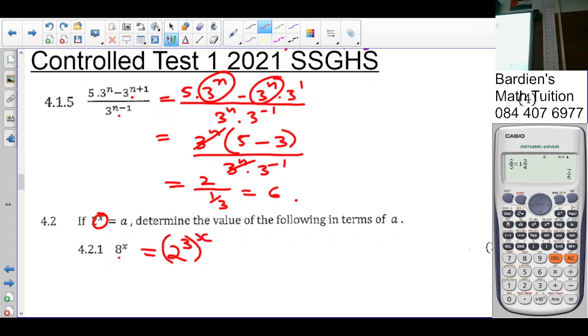So that's going to be 2 to the 3x. Or it could be written as 2 to the x, cubed. Why? Because 2 to the x, all cubed, is also equal to 2 to the 3x. Not so? So what do we know about 2 to the x? It's a. So it's a cubed.